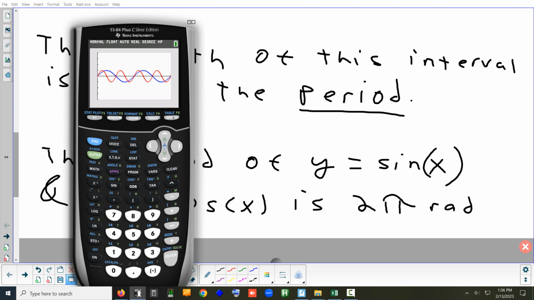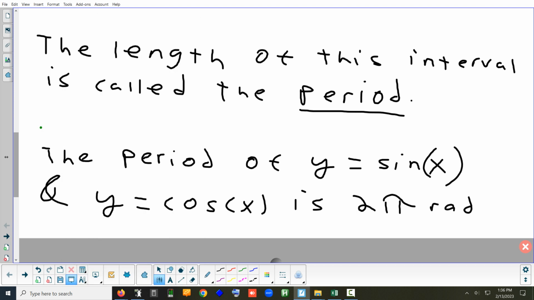What did I do to get that red one? Did I compress the blue one, or did I stretch the blue one? I compressed it. In fact, I compressed it by twice as much. So now it's oscillating faster. So we can change this period. It does not have to be 2 pi. But if we don't mess with it, it will be 2 pi on its own.